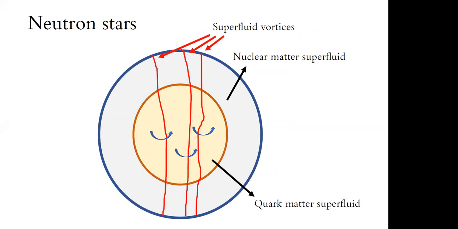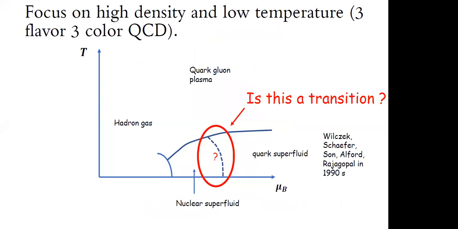This is the outer core, and this is the inner core. As you know, in the outer regions of neutron stars you have lower densities, and as you go inside, you have higher densities. So it's like you're traversing this x-axis as you go inside the core.